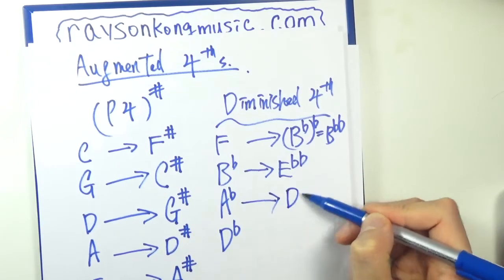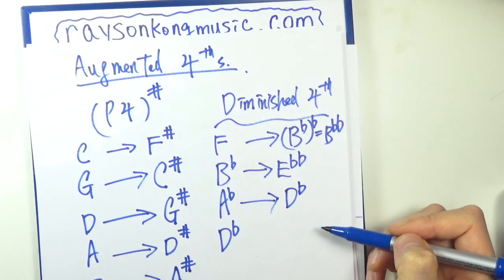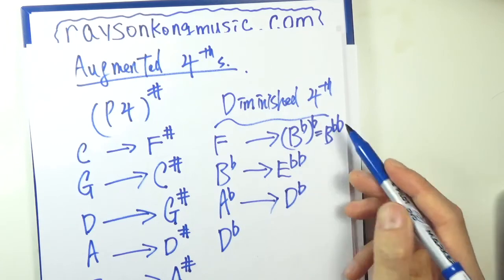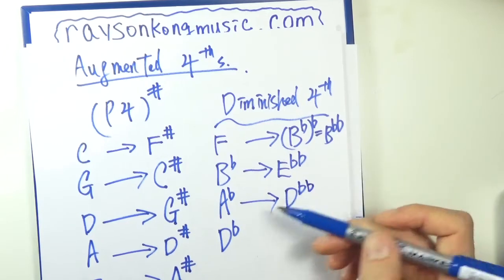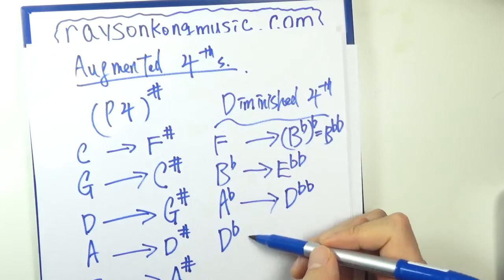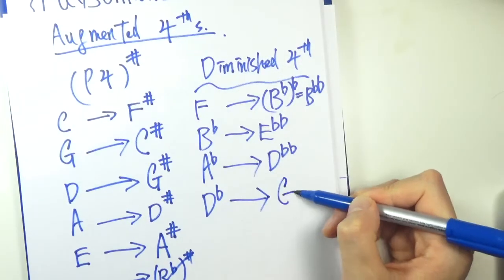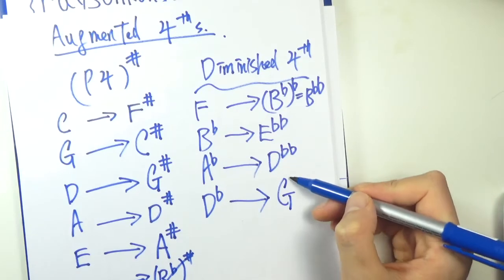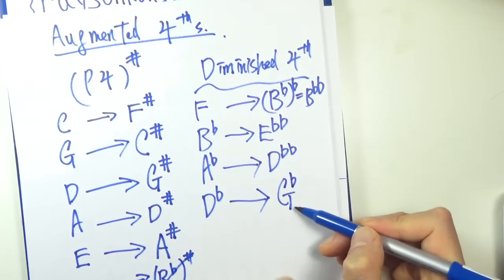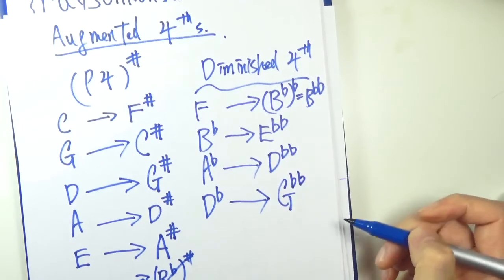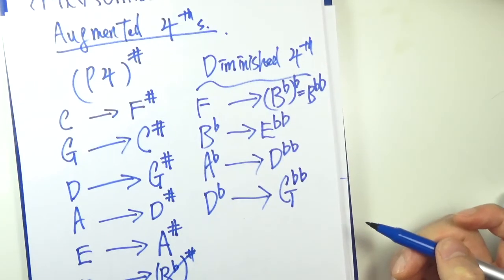A flat, grab your perfect fourth first, so that should be a D flat. But then I would need a diminished fourth, so you put down another flat. D flat, D, E, F, G, so it should be G flat. That's your perfect fourth. But I need a diminished fourth, so that should be your diminished fourth.